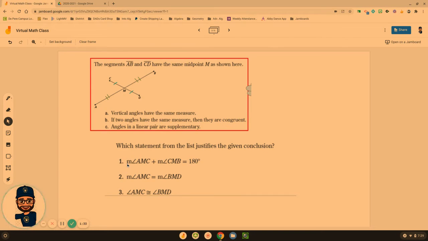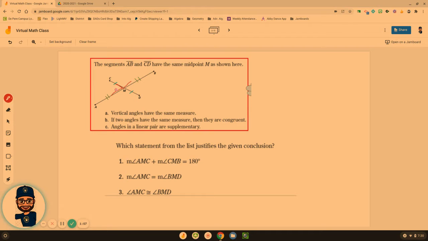So number one says the measure of angle AMC plus the measure of angle CMB equals 180. So AMC, which is this one, plus CMB, which is this one. What allows us to say that they equal 180?